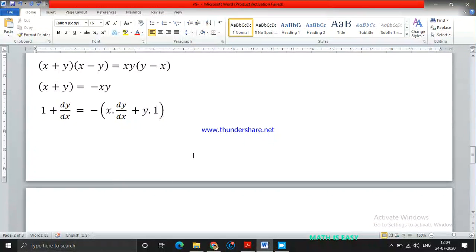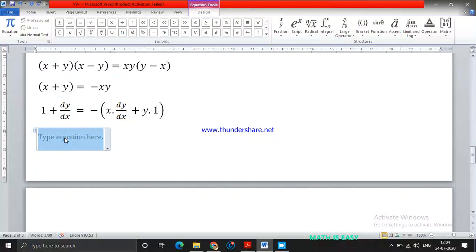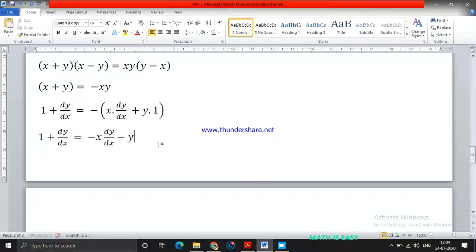Next further step, what you can do is open up the bracket and bring all the dy by dx terms one side. So I'll keep this term here as it is. Now if I open the bracket, you will get minus x dy by dx, okay, then minus y.